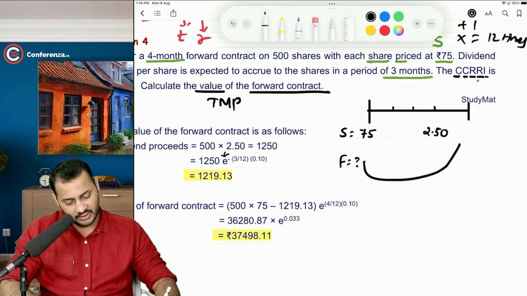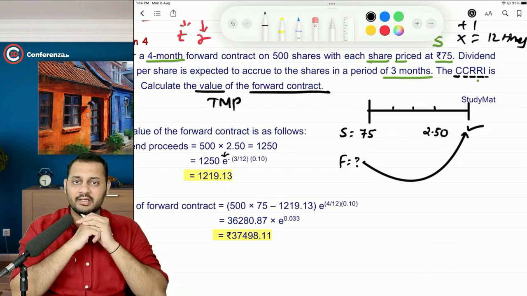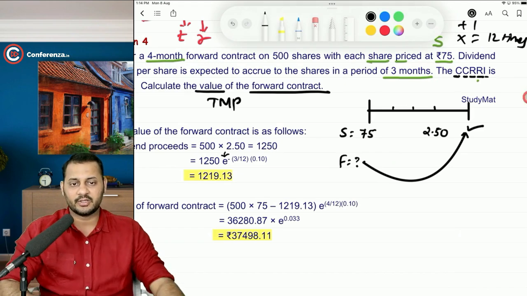So the outflow in the spot market after 4 months will automatically become the forwards or futures price in the derivatives market. Understand? Whatever is the outflow in the spot market after 4 months, if you want to achieve the same purpose, that exact value will be the theoretical price in the forwards market.